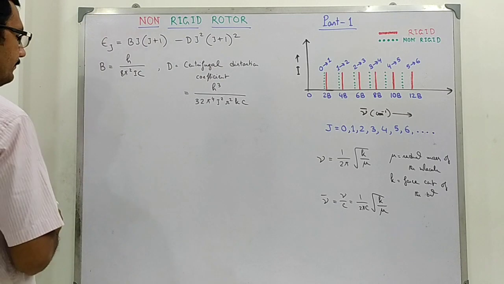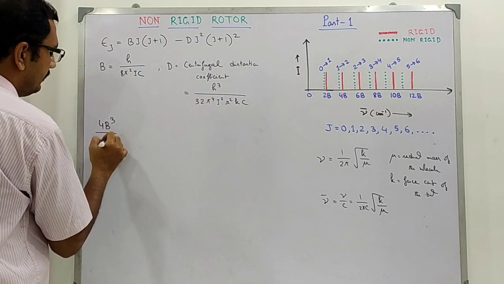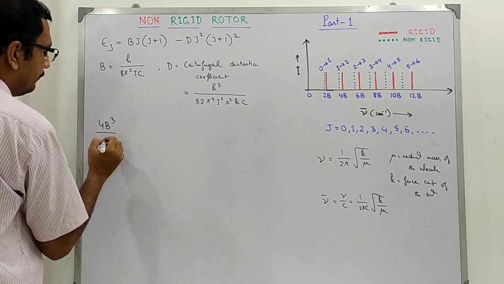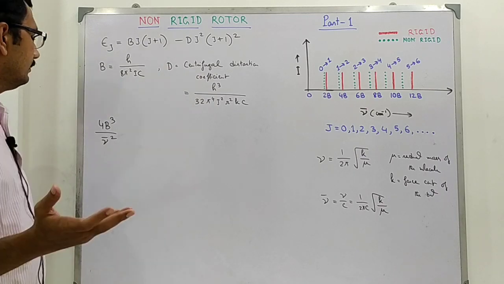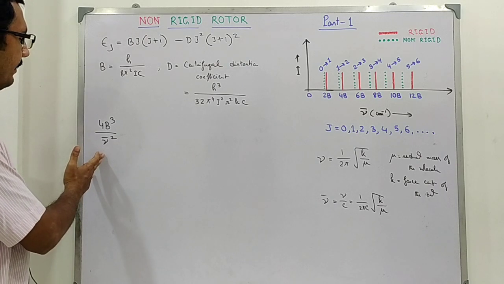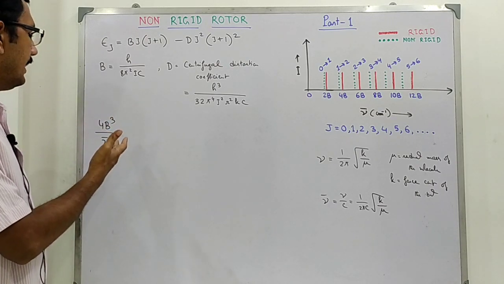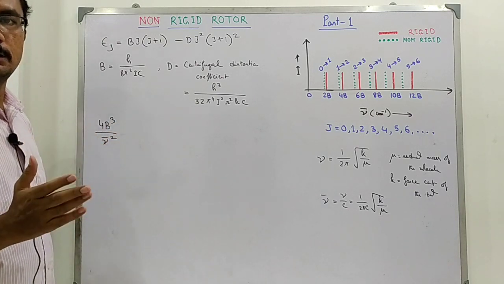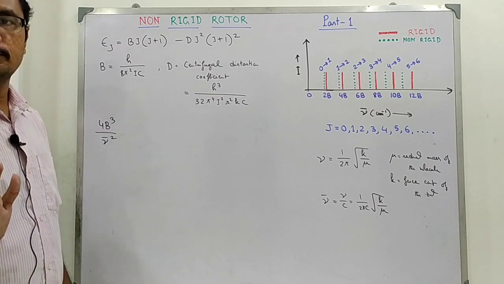So, we will start with 4B cube upon nu bar square. If you ask where you are getting it from, actually through trial and error method I have obtained it, and actually I have studied it from Banwell. I am not deriving anything new.